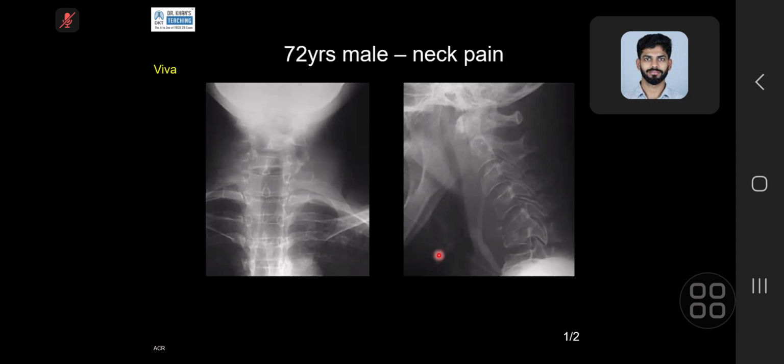So possibly spondylodiscitis with a prevertebral abscess. I would inform this finding to the referring clinician, check inflammatory markers, and also suggest further evaluation with contrast enhanced MRI of the cervical spine.